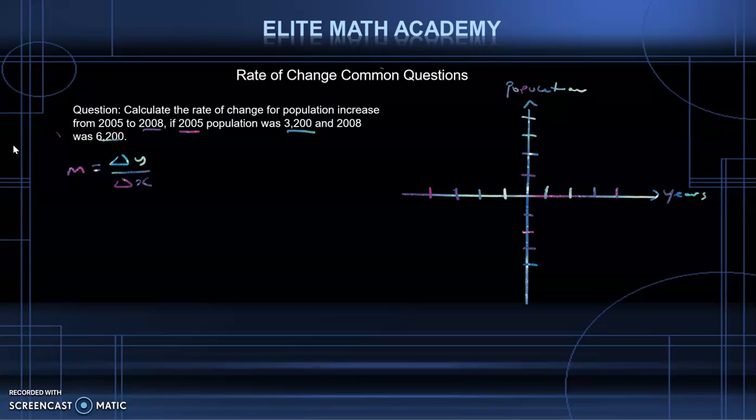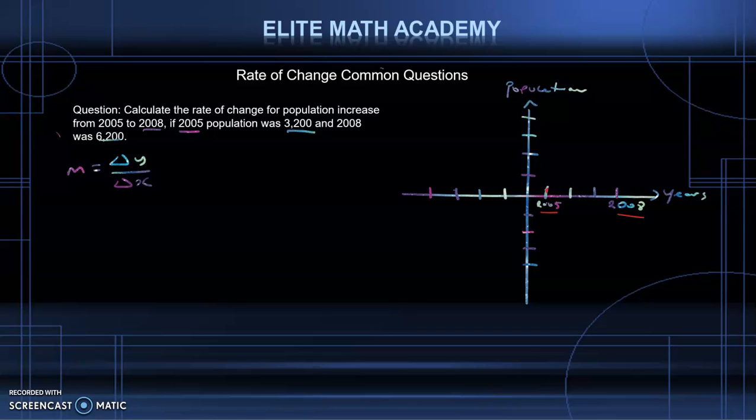So let's try to mark what we have. I'm going to mark 2005 here, and then 2008 will be right here. So we have 2 points on the x-axis that we marked as 2005 and 2008.